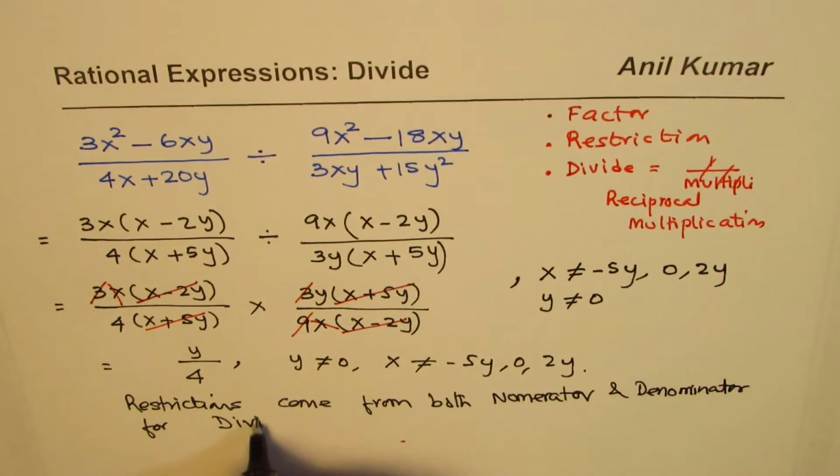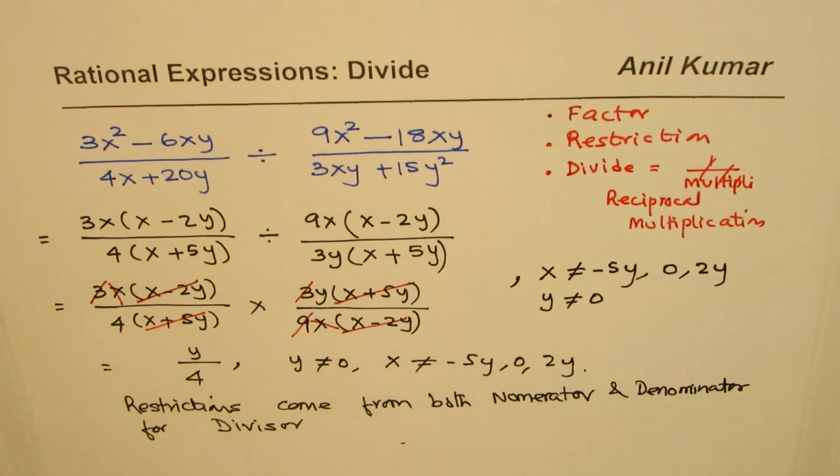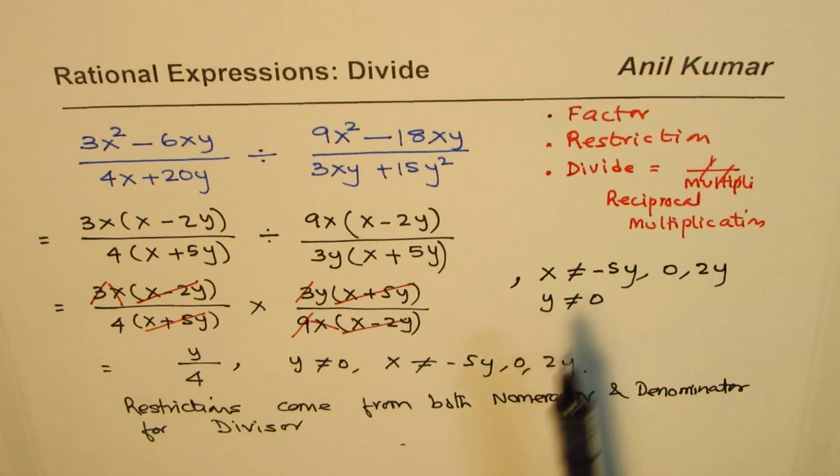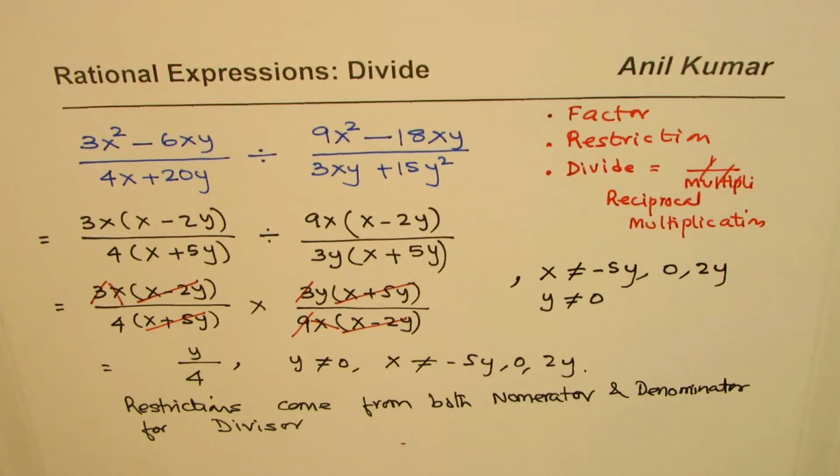Do you see that? So here this is the divisor. You have to include both numerator and denominator restrictions, zeros, in the list of restrictions. So when you multiply, only denominators are considered. But here it's kind of special. So I hope this point is very clear to you.